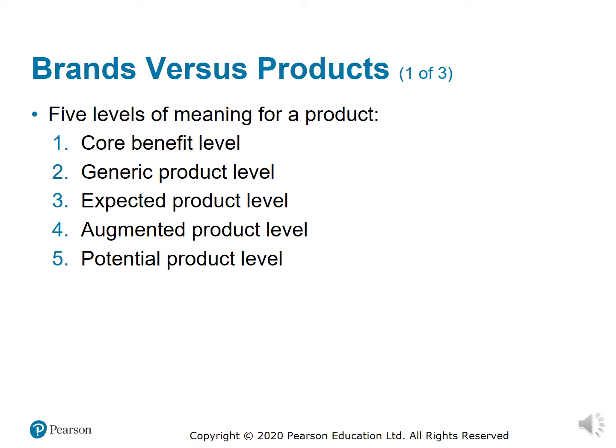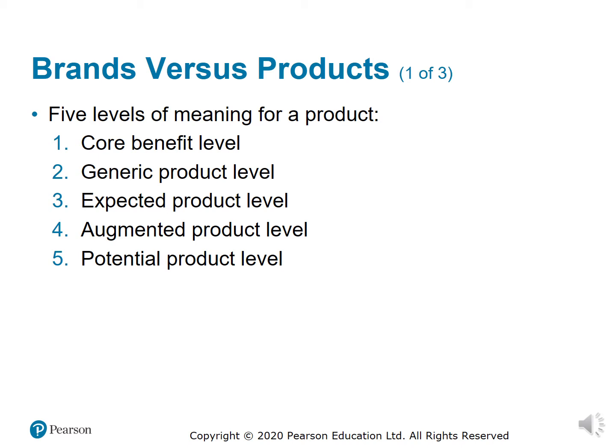The second one, generic product level, is a basic version of the product containing only those attributes or characteristics absolutely necessary for its functioning but with no distinguishing features. For example, let's take pure water.